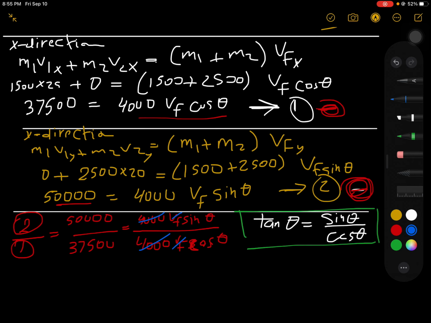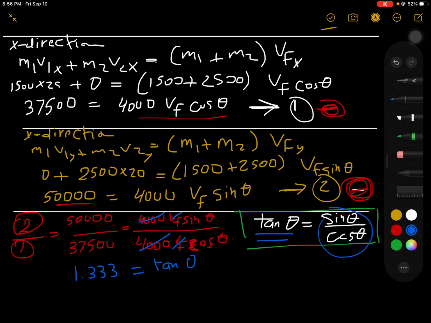And 50,000 over 37,500, by using the calculator, let me calculate it, equals 1.333. And as I said, sine over cosine equals tan theta.